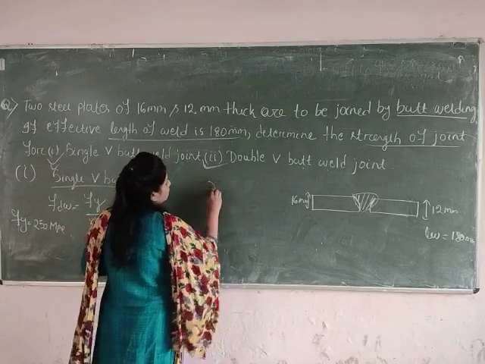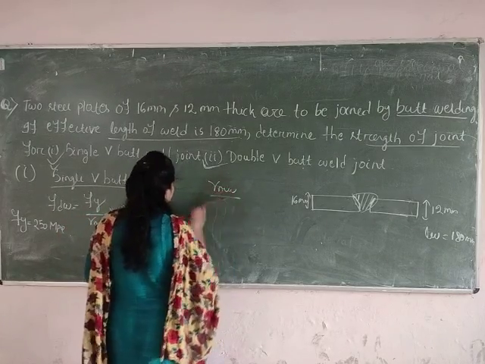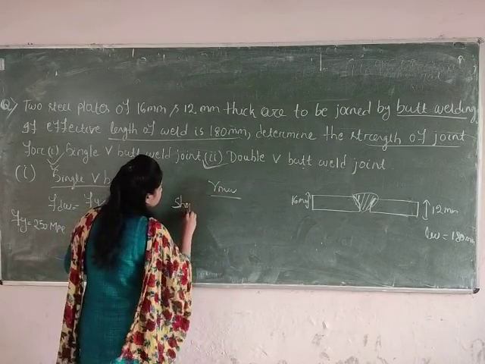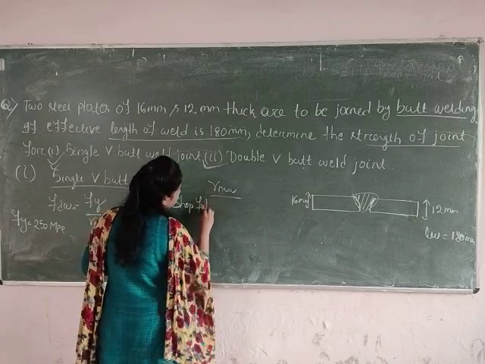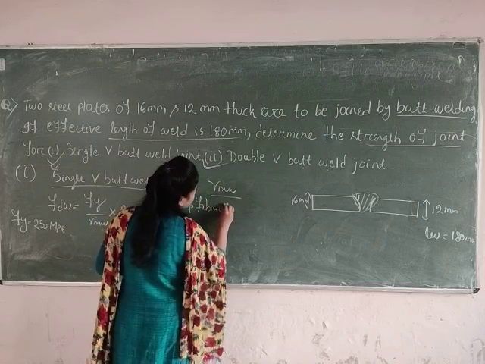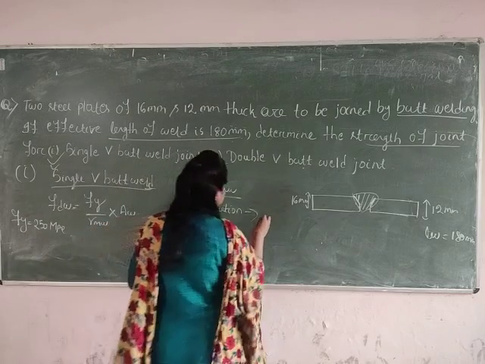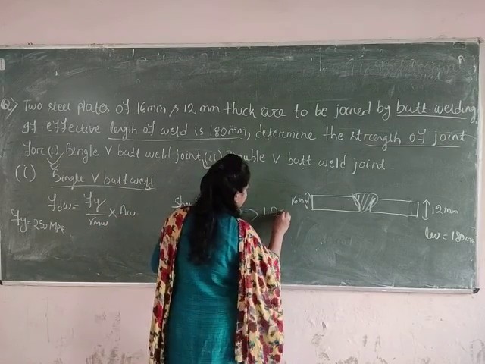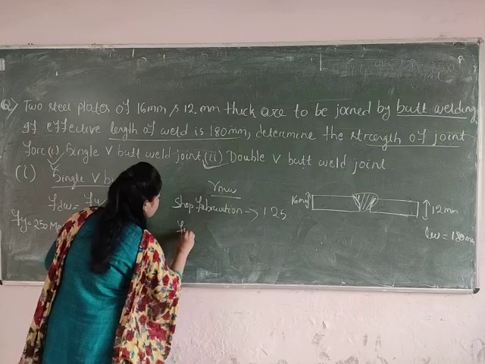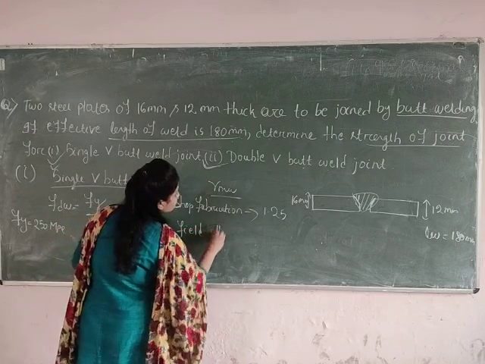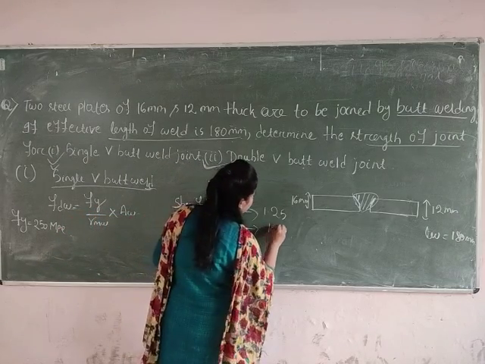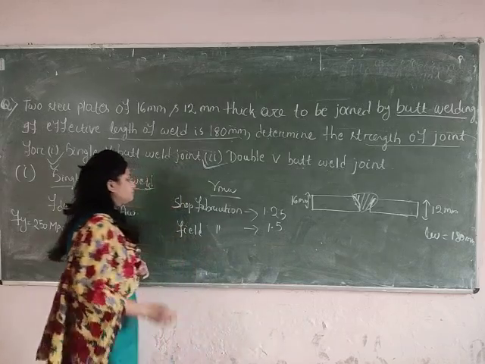For gamma mw, for shop fabrication the value is 1.25, and for field fabrication the value is 1.5.